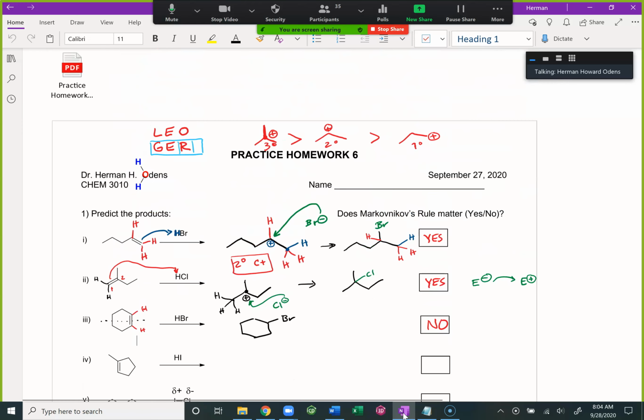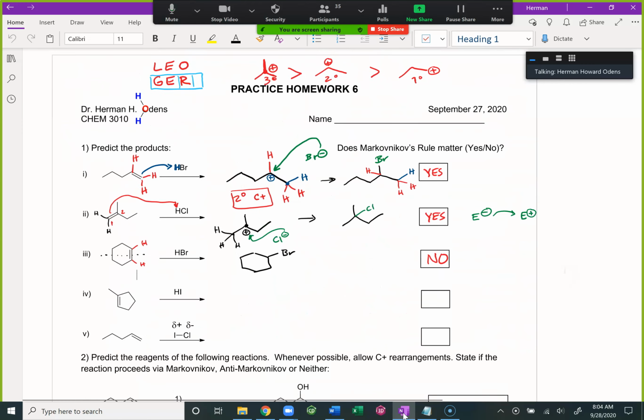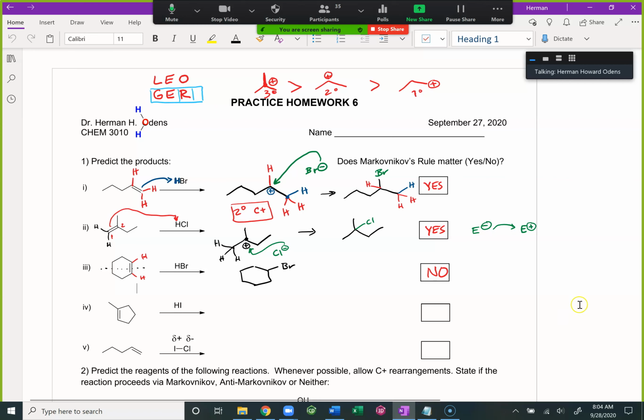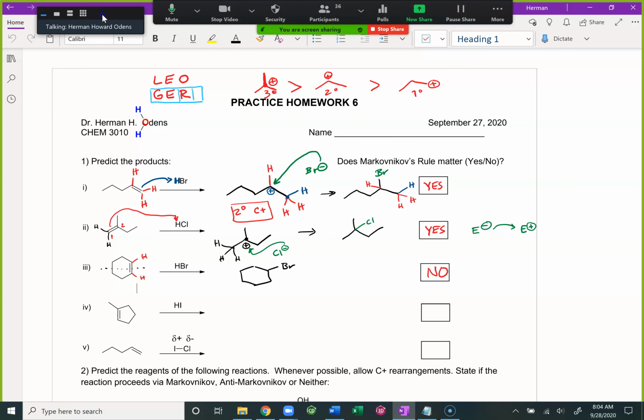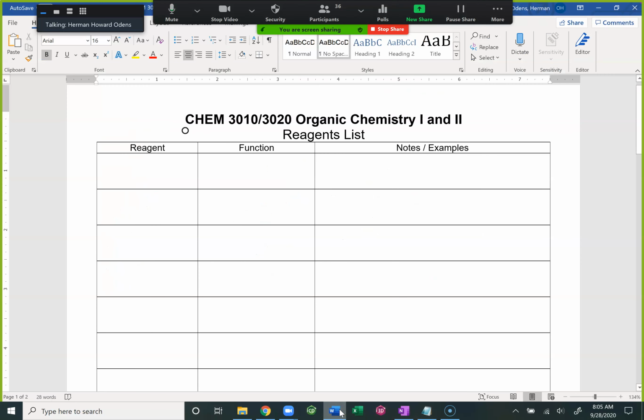All right, so to help you get better at OCHEM, I noticed that there's only one thing when it comes to reactions that will help you understand them and sync them in your long-term memory, and that is creating a reaction list or reagents list.